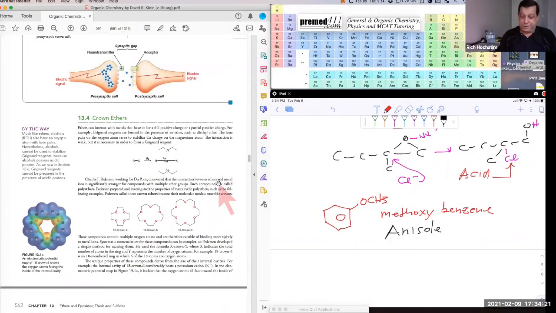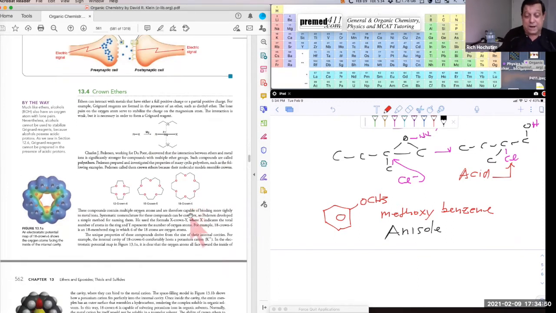It depends on your teacher, whether your teacher thinks that crown ethers are important or not. Historically, they're very important, but the idea is that you can create a cyclic ether that can trap a cation. And that means that you can dump the ether into a solution, and that ion, if it's the right size, will be trapped by the crown ether. And they've used this to do lots of cool stuff.